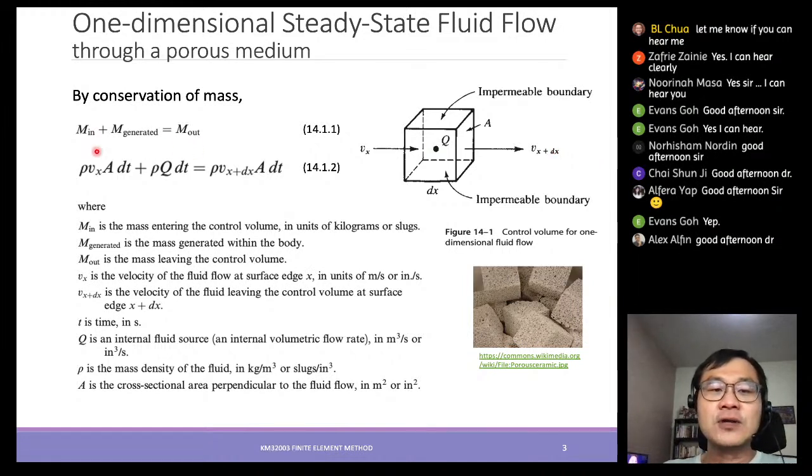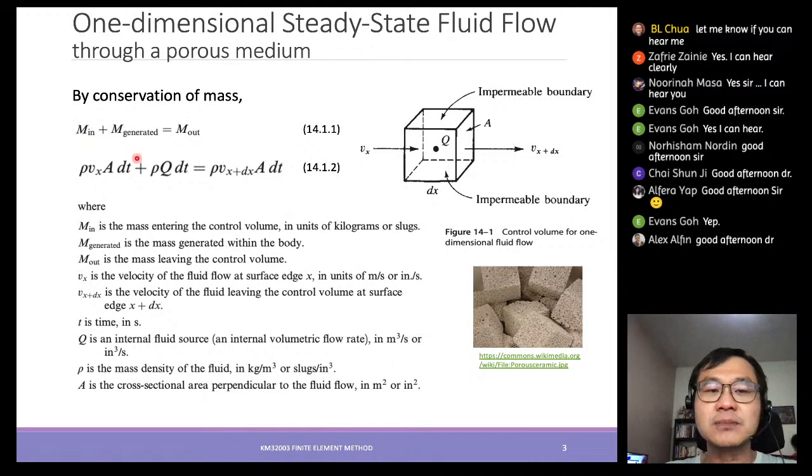In mathematical form, we can break this down into the density multiplied by the velocity multiplied by the area. Basically, this velocity multiplied by the cross-sectional area gives us the volume per unit time. Then when you multiply by time, you get a volume, and when you multiply the volume by the density, you get the mass itself.